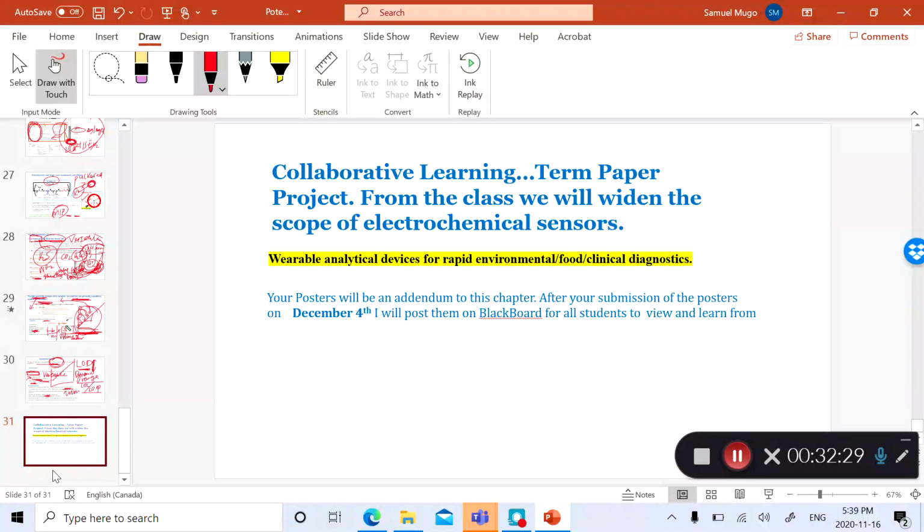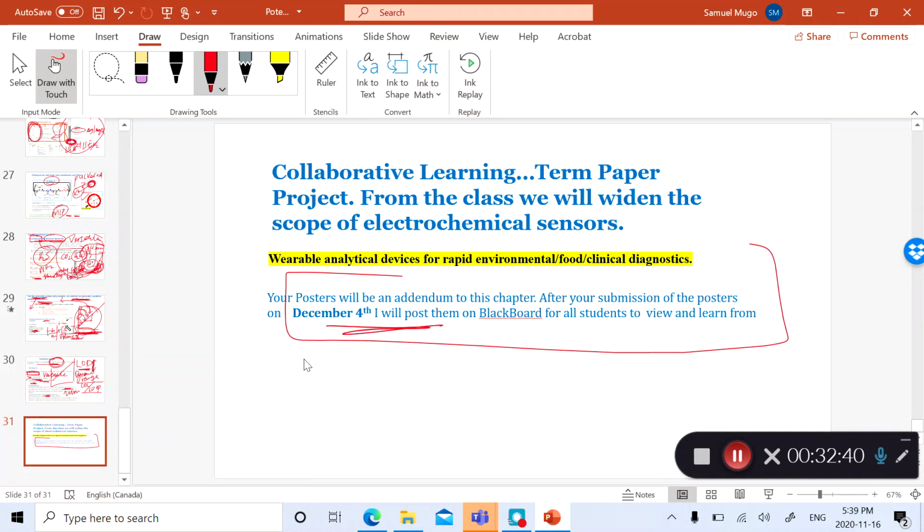Now, I would like us to remember all the projects that we are working on for the term papers. I would like to add them here later on when you guys give me the posters, by December the 4th, because all of them are going to help us see the very wide scope of the applications of electrochemical sensors. So I'm going to add whatever you generate as your posters.